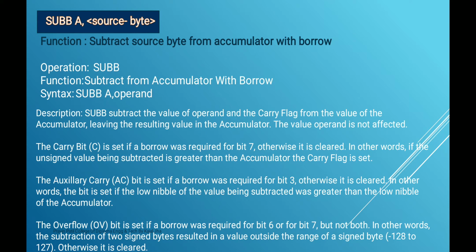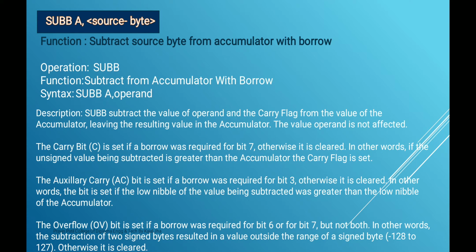In other words, the bit is set if the low nibble of the value being subtracted was greater than the low nibble of the accumulator. So what is the effect on the overflow flag? The overflow flag bit is set if a borrow was required for bit 6 or for bit 7, but not both.